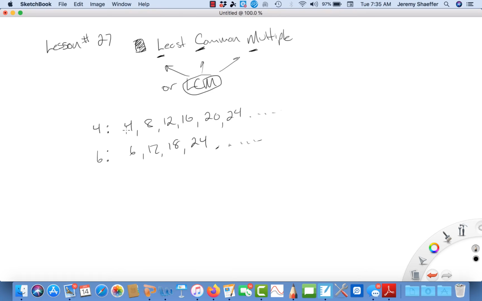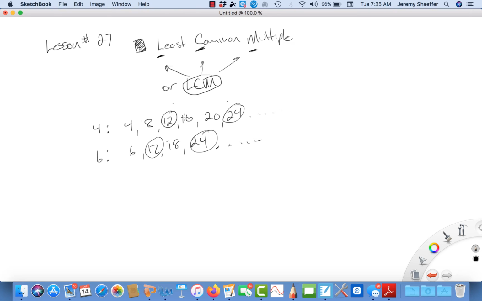Are there common multiples? There's a 4 here but there's no 4 in the 6s. Same with the 6, there's no 8. Look at this, here's two that are common, 12 and 24. And you'll notice a link between 12 and 24.